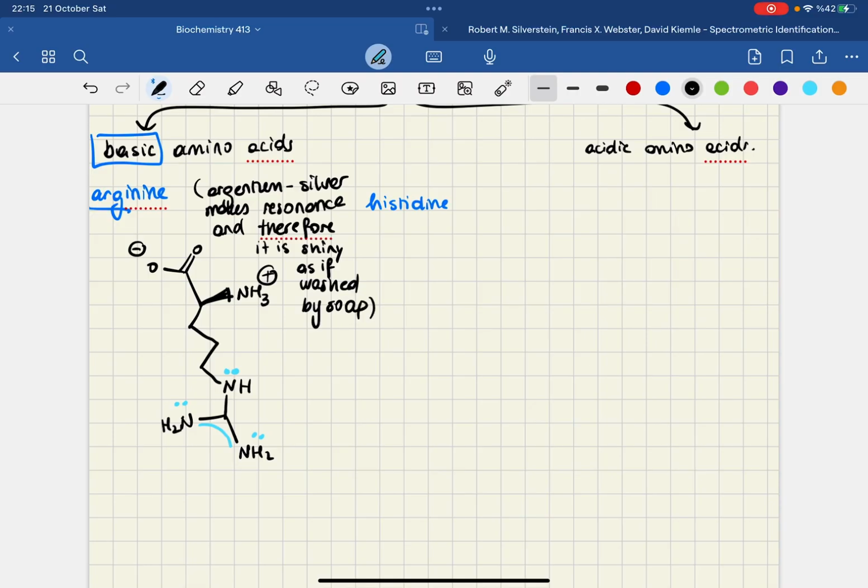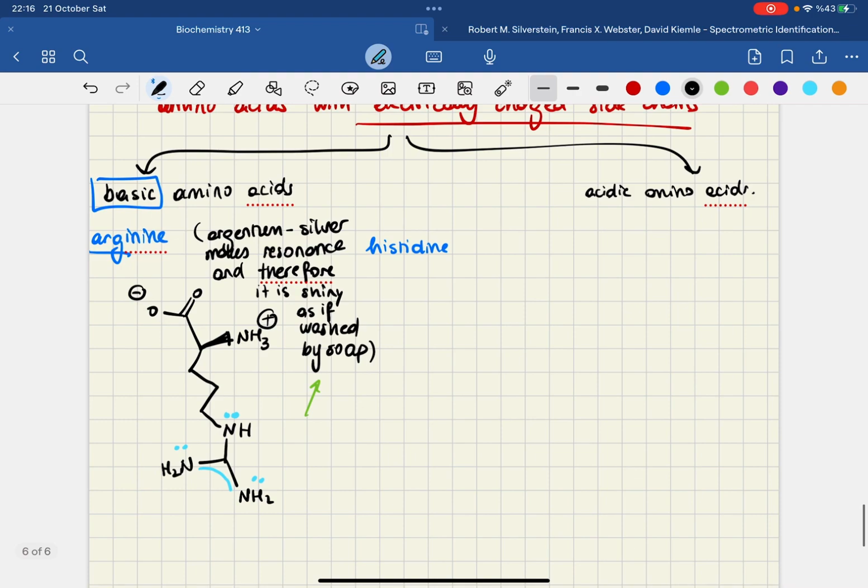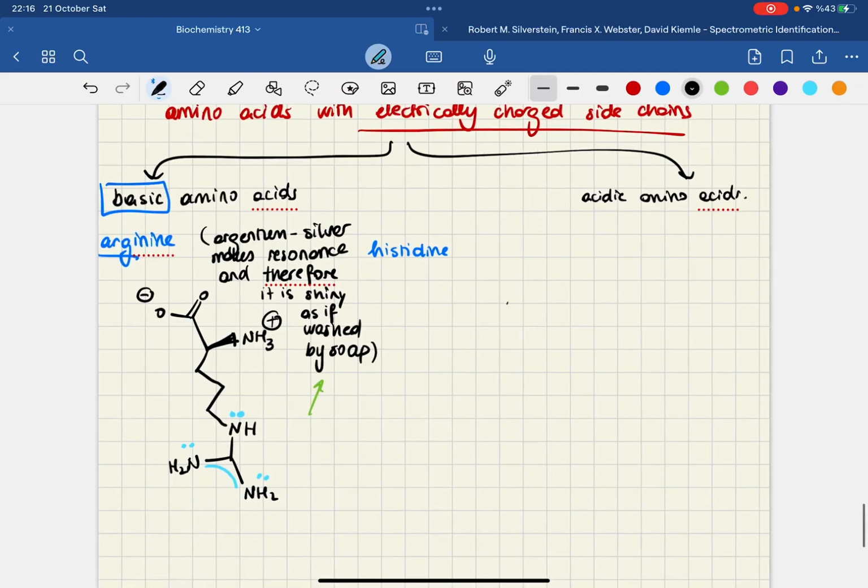And let's move on to histidine. This will be our small memorizing helper. And histidine is like the other amino acids. However, it has a special R group, and I will draw you its R group over here.